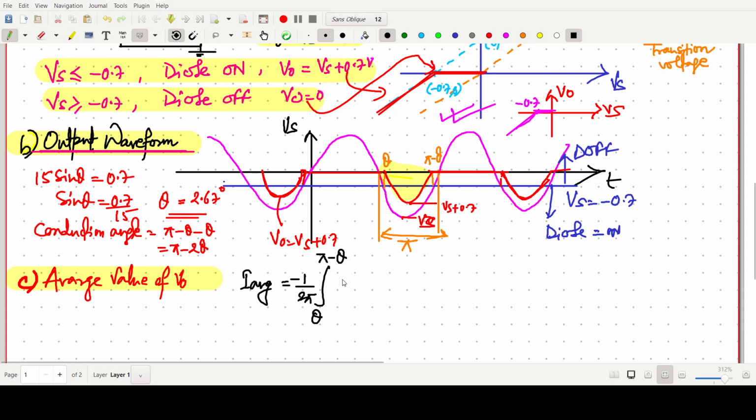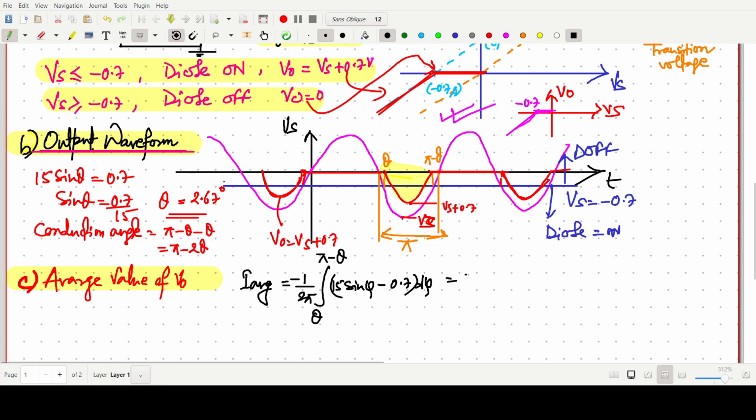The sinusoidal signal will be 15 sine phi minus 0.7, because in the same signal if we subtract 0.7, it will give the same response. Now this is a simple average calculation.